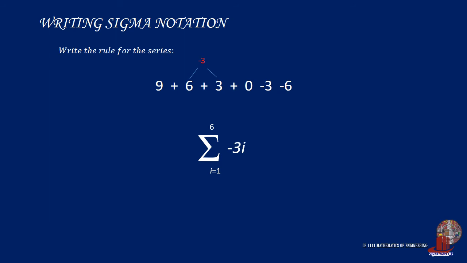Now, unlike the other series where the first terms are those nearest to 1, this example shows a bigger initial value, so with -3i, check for a value to reach 9, and that is adding 12. By checking at the initial index, -3i plus 12 is -3 times 1 plus 12, which is 9, and at i equal to 2, -3i plus 12 is 6, so we arrived at the right notation.